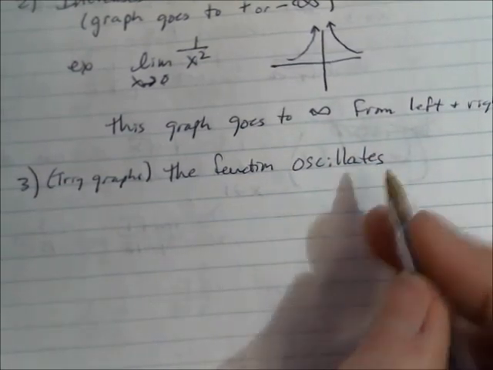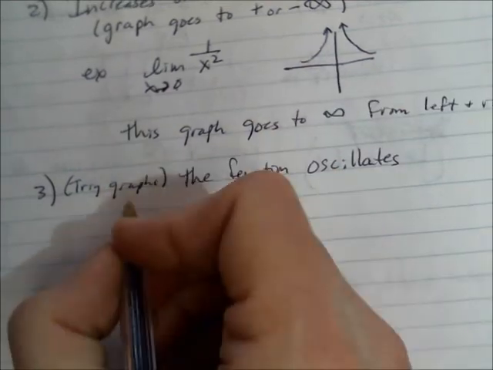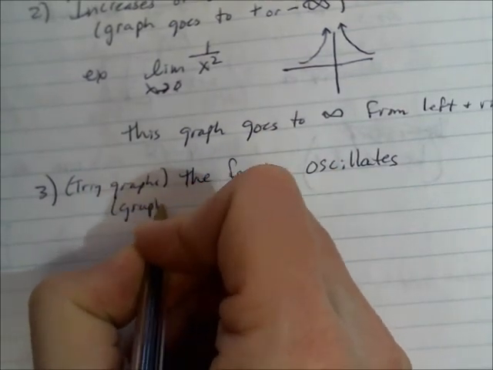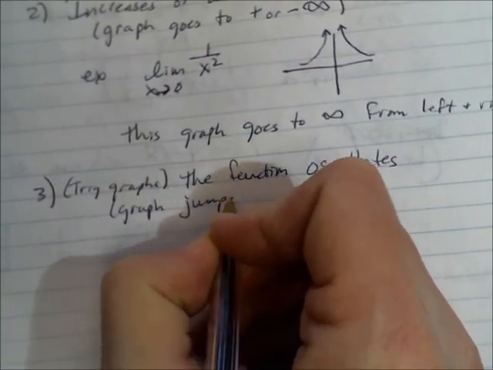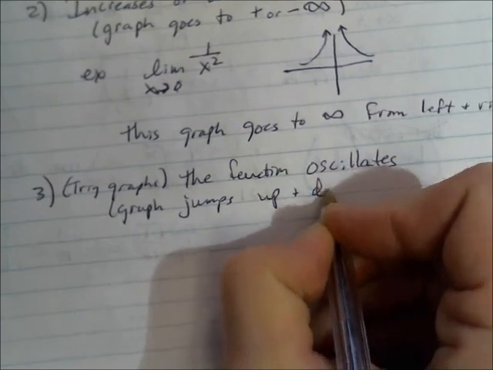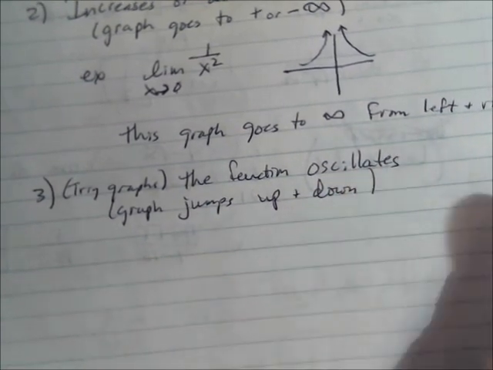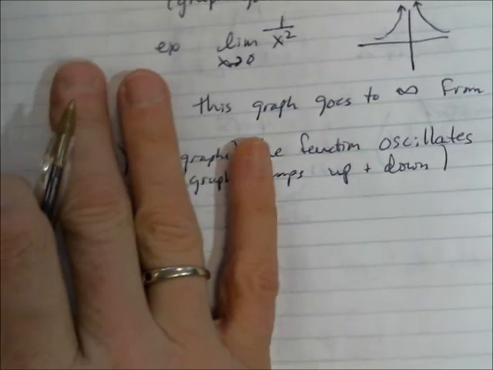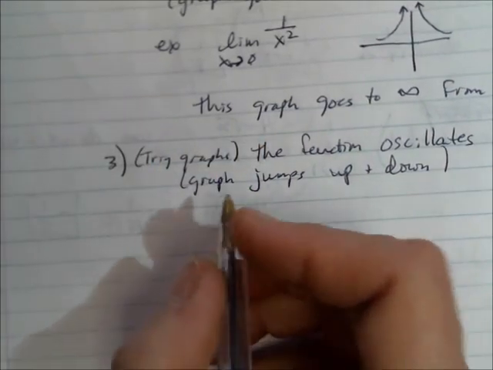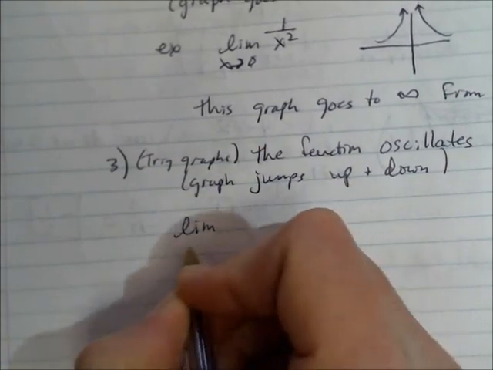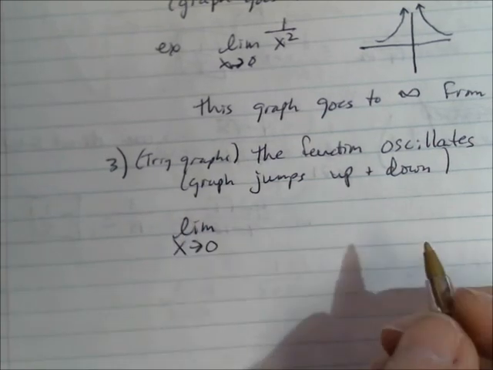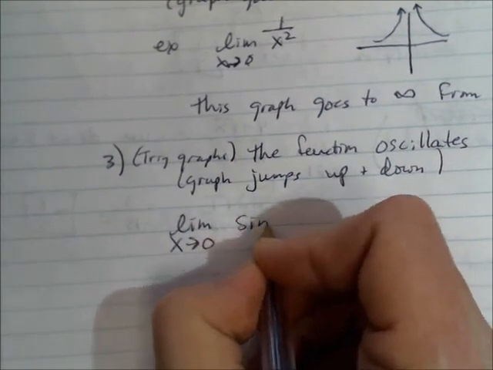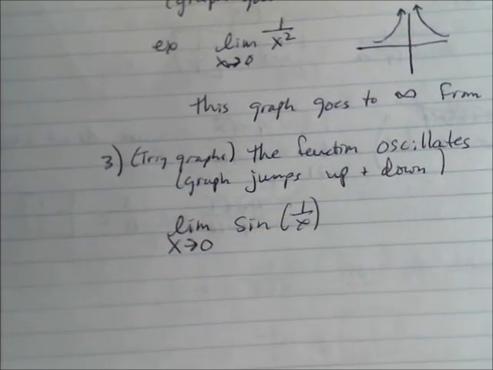It's like a spring going up and down and up and down. The graph jumps up and down. All right, this is like the limit as x approaches 0 of the sine of 1 over x.